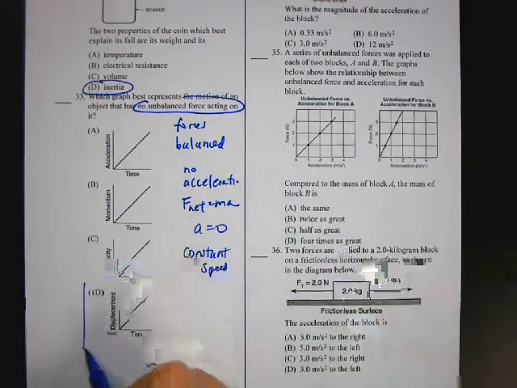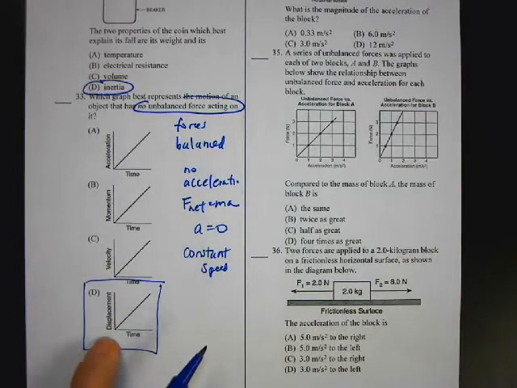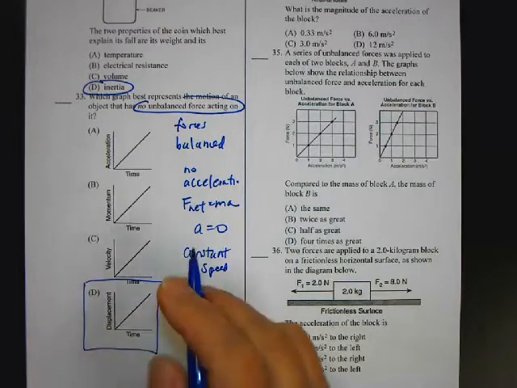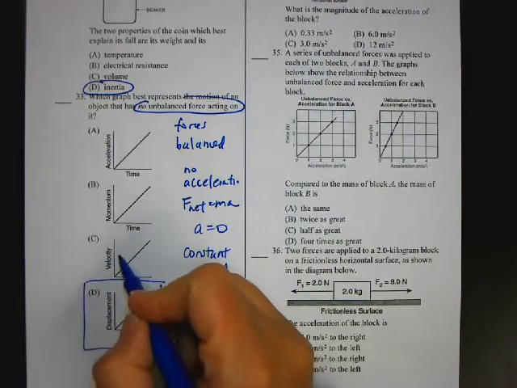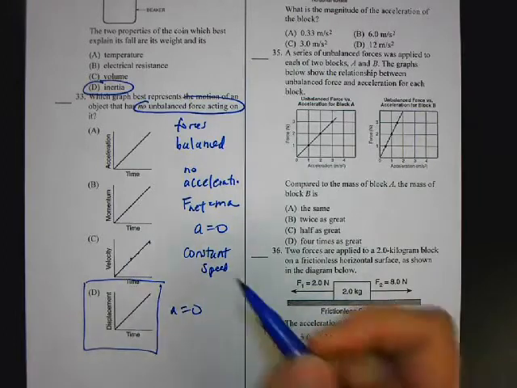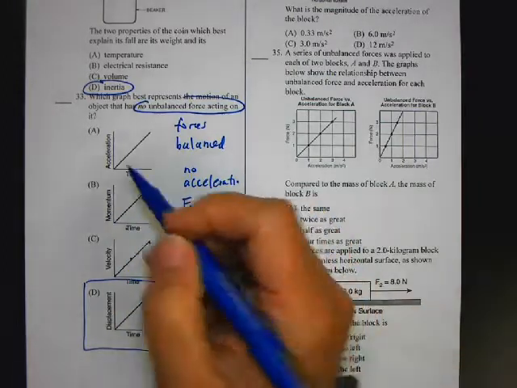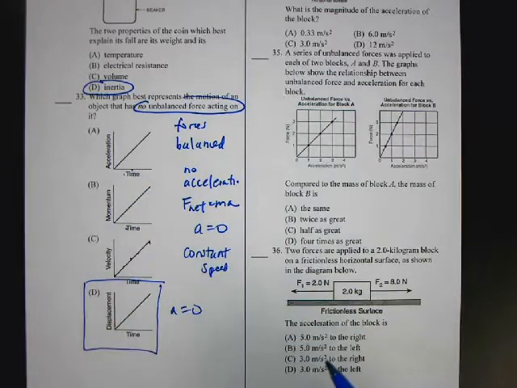So graph number 4 is on a displacement versus time graph. This means the acceleration is 0. On a velocity versus time graph, the slope is acceleration, so this shows a changing acceleration. This is a momentum versus time graph, and this is an acceleration versus time graph. And obviously, this also is not correct. So the answer is D.